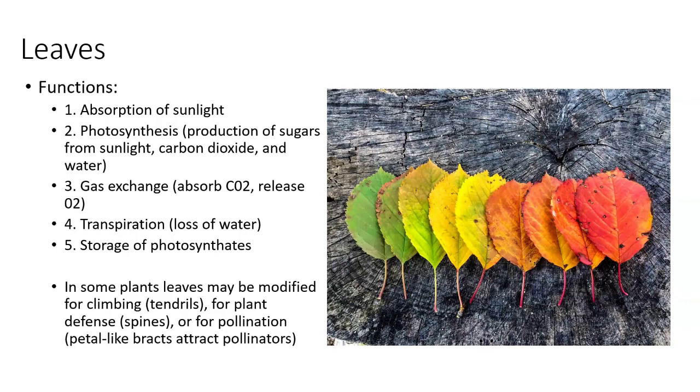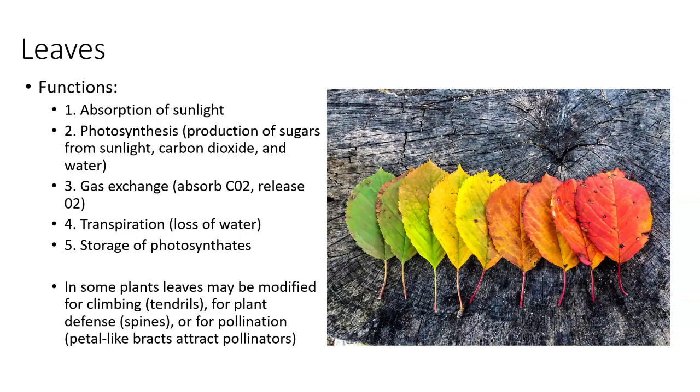Another function of our leaves is to store photosynthates. Again, that creation of sugars and that eventual creation of starches for the plant to use. In some plants, leaves have been modified for the environment based on where they are.